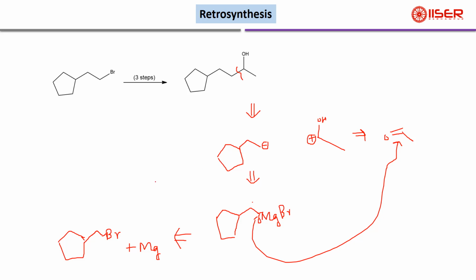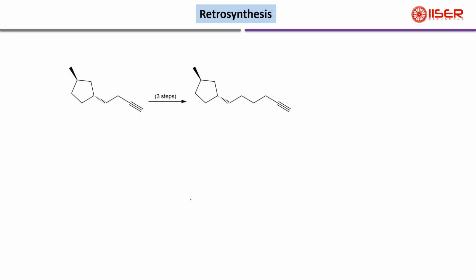So it is in 3 steps. First step, this one. This is the second step. So within 3 steps we can prepare this compound. How will you prepare this from this? So there is a 2 carbon extension.